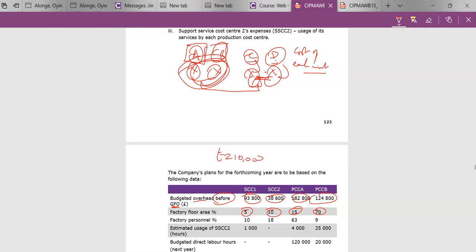So I need to split this 210 in the ratio 5 to 10 to 15 to 70. That's your first task, really. So in effect, add these together, 100. Perfect, so it's the percentages, of course. So 5% of this, 10% of this, 15% of this, and 70% of this. And that's how they're asking us to split this.